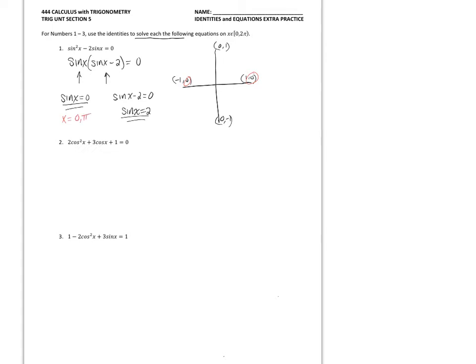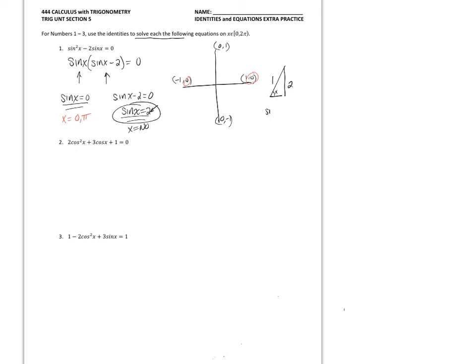Now, this came up in one of the problems in the homework where we had something like the sine of x equals 2. And don't try to draw a triangle or anything like that. If this number over here is ever bigger than 1 or less than negative 1, you could just stop because there is no angle that would have a sine value of 2. What it means is that your opposite side would be 2 and your hypotenuse would be 1.